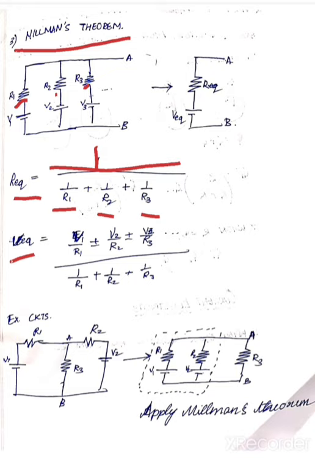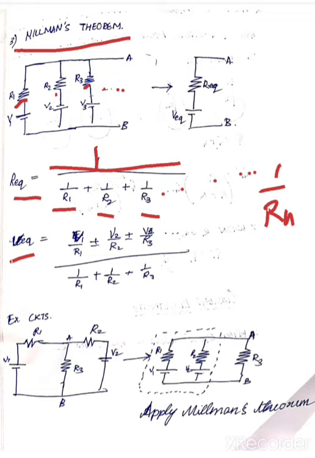Remember, this Millman theorem can be used to solve any number of resistances connected like this. So you can add as many resistances as you want. It can be extended till 1 by Rn, right?